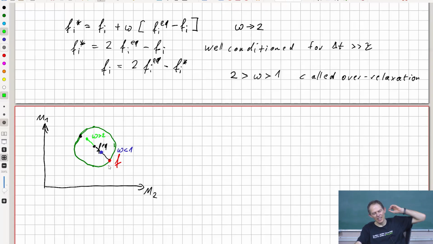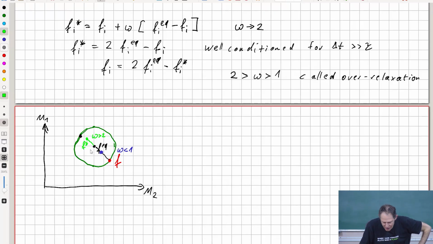So you see, saying that we go toward equilibrium does not mean that we stay on the current side of the equilibrium. We can get closer to the equilibrium, but we can overshoot. And when we overshoot, one thing you always have to keep in mind is that this is now F asterisk.